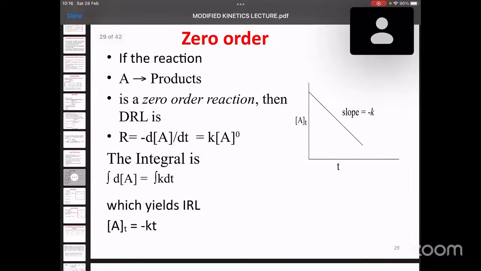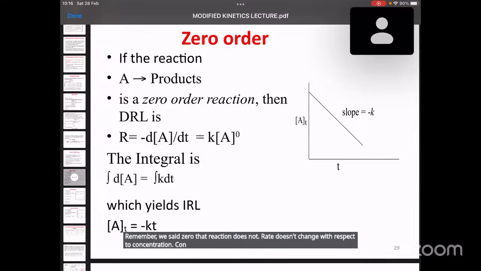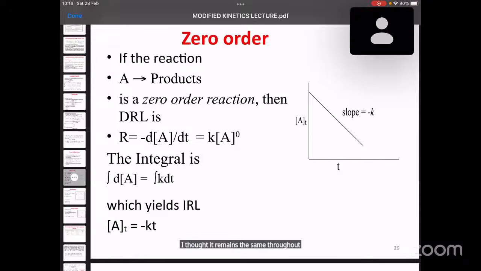So now this is an example for a zero order reaction. Remember, we said that in a zero order reaction the rate doesn't change with respect to concentration. Concentration remains the same, rate remains the same throughout the course of a zero order reaction. Now, you have an example: A gives you product.